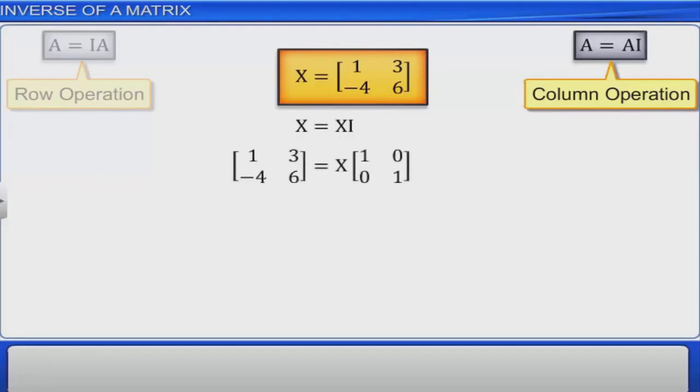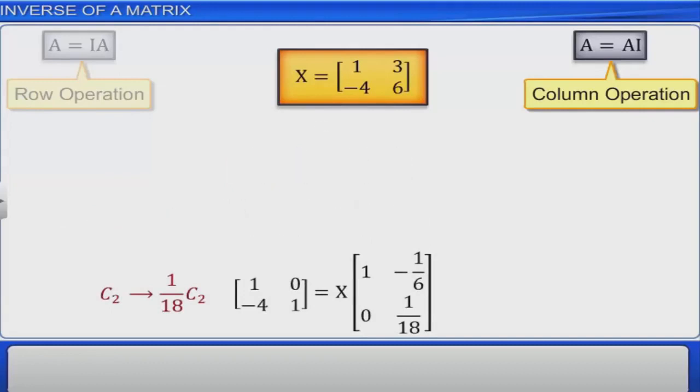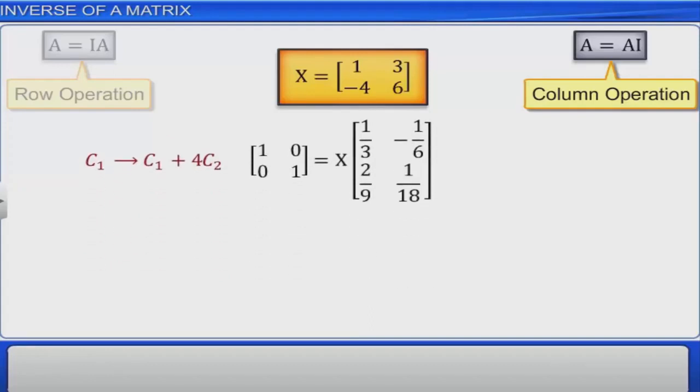Now, we will perform column operations until the matrix on the left-hand side transforms into an identity matrix. Now, we have obtained the identity matrix on the left-hand side. The inverse of matrix X is as shown.